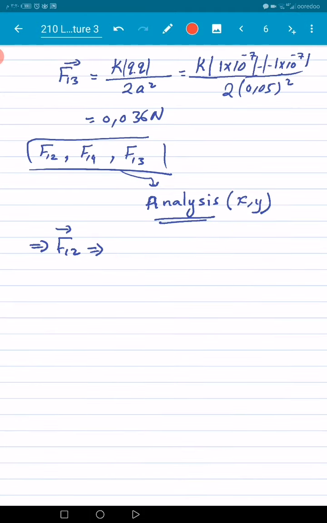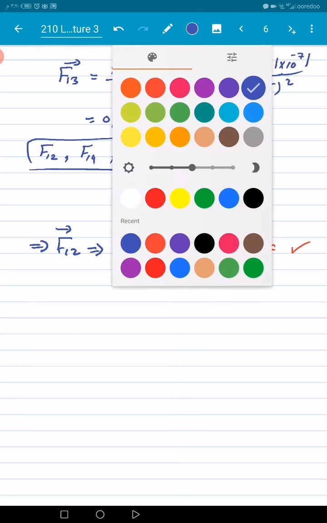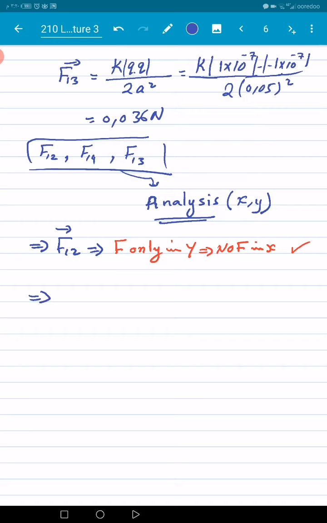So F only in y, no force in x. Okay, that is number one. Okay, so that's good. Number two, F14.